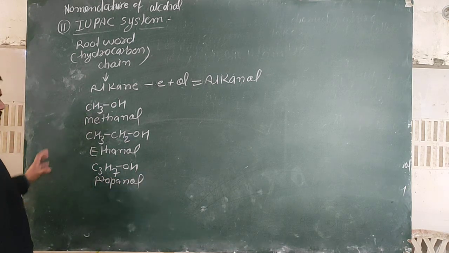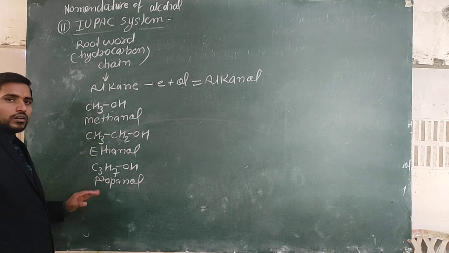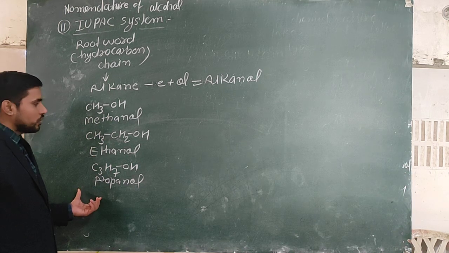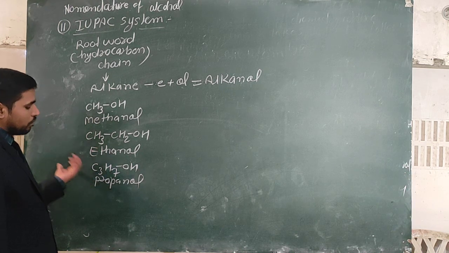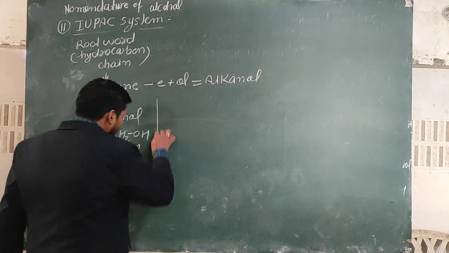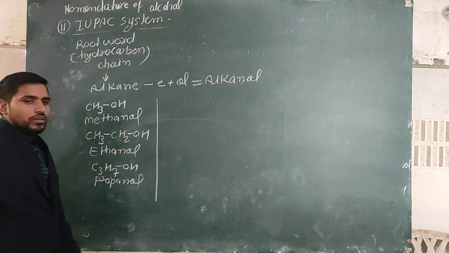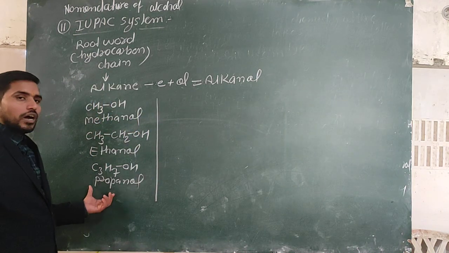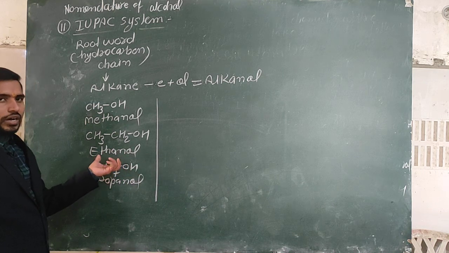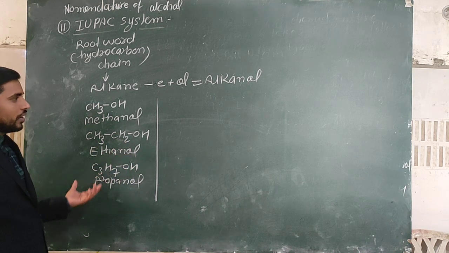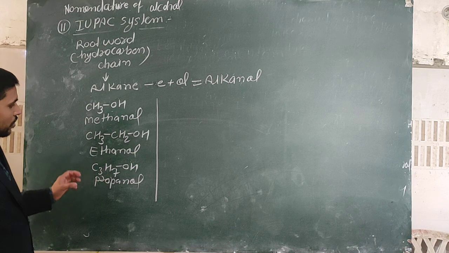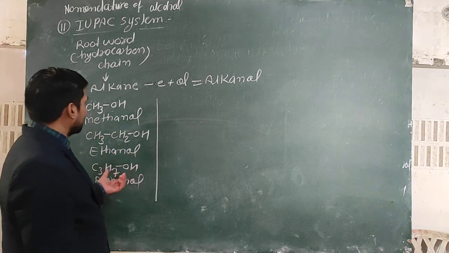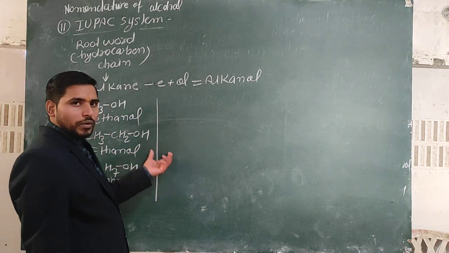This is the simplest naming of alcohol used in IUPAC. But if a number of side chains are attached, either the same or different types, then how do we use the nomenclature in IUPAC?